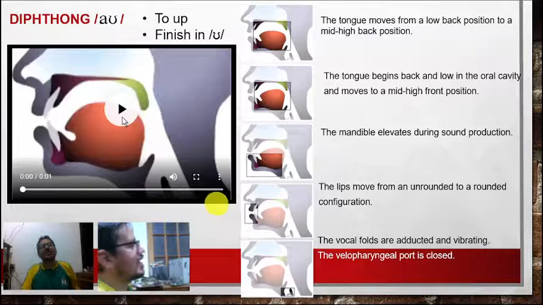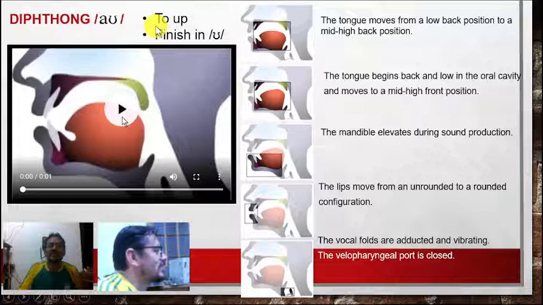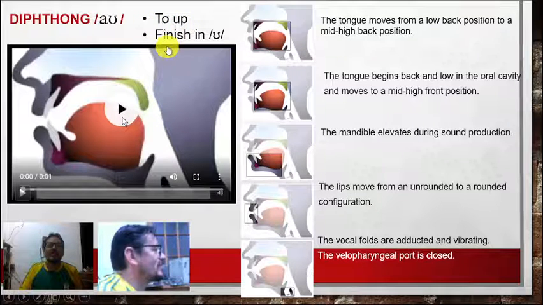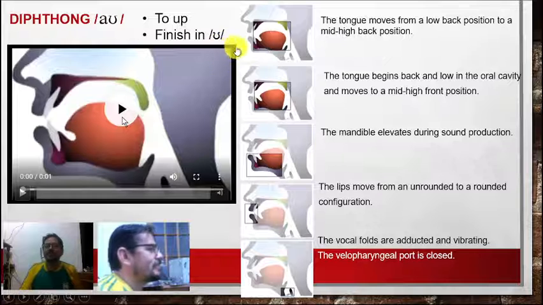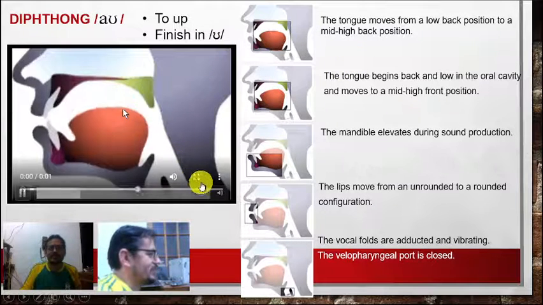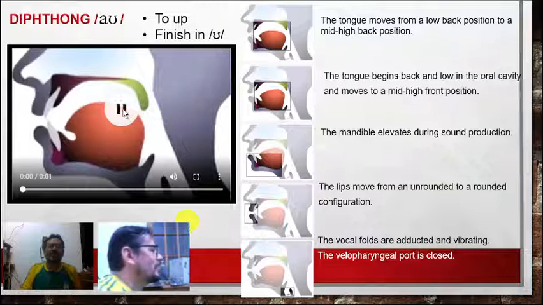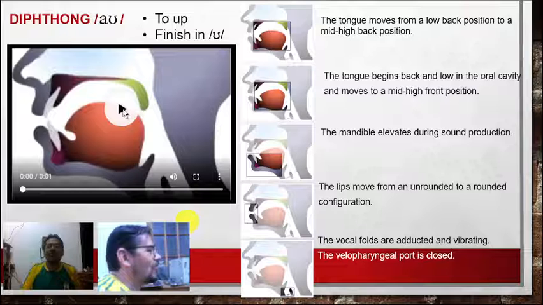The diphthong ow. It goes from low to up also, but finishes in u. Let's hear it. Ow, ow, ow.